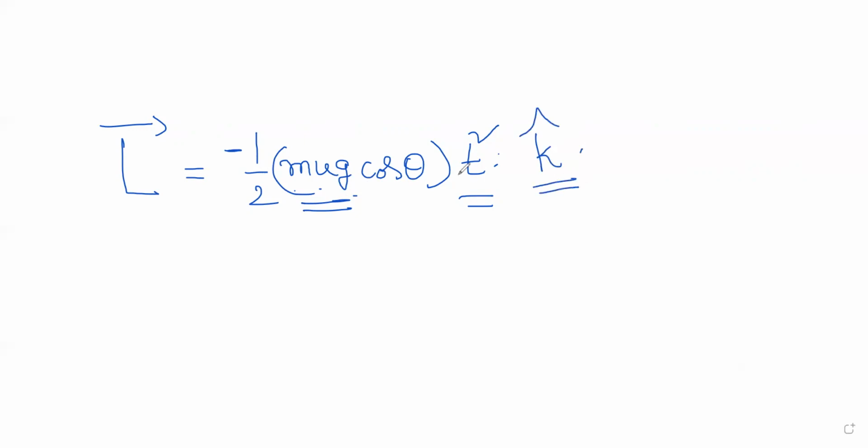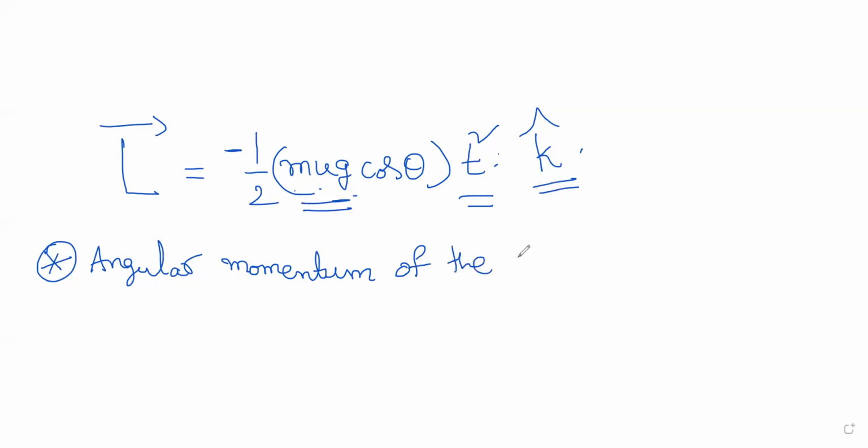And it signifies that the angular momentum, what are two points we can write? Angular momentum of the projectile, considering the direction of projection, is directed towards negative y-axis.